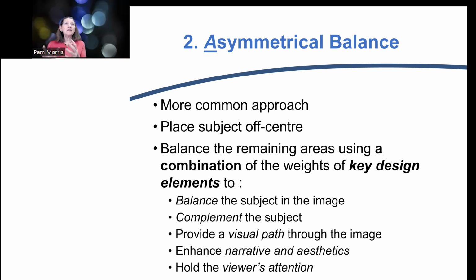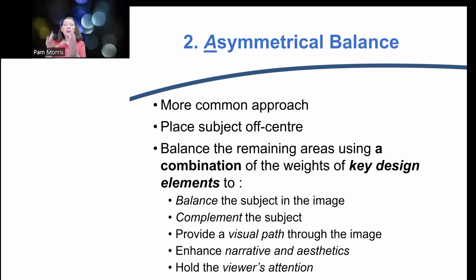So we tend to place the subject off center, but if we place the subject off center, just like we had with the seesaw, we have to balance the rest of the image with complementary objects, and we have to think about their visual weight. The other things within the image enable us to have a visual path through the image.